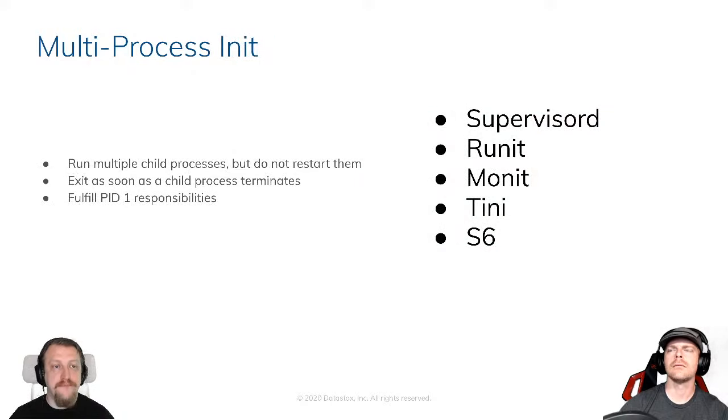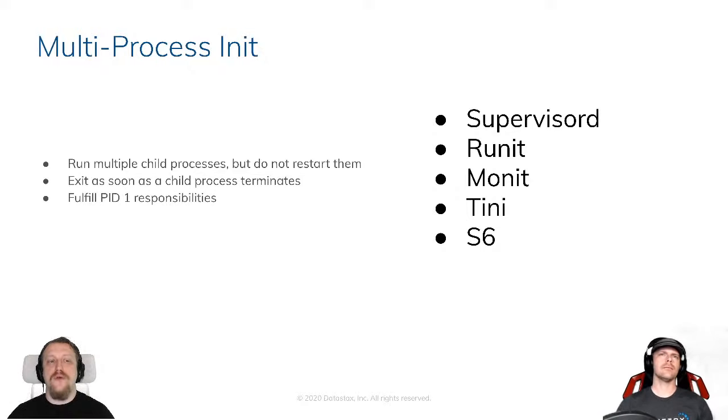Okay then. So we need a multi-process init. We need to run multiple child processes, but we don't restart them. We prefer to quit if one of them is dead. Here is the trick. A lot of people may say, okay, supervisor will restart my process if it's broken, so that's completely fine. Why do you say not to restart them? The answer is simple.